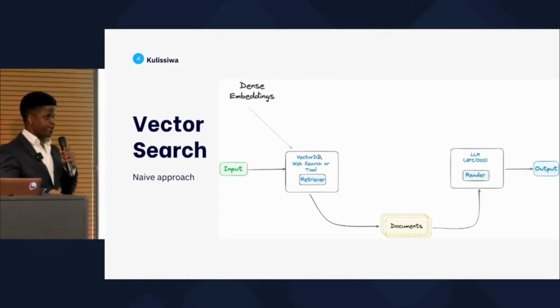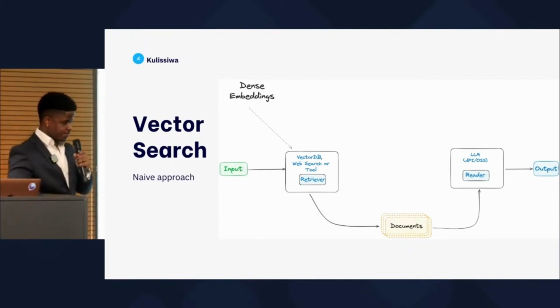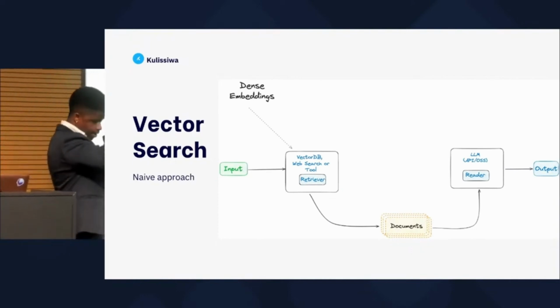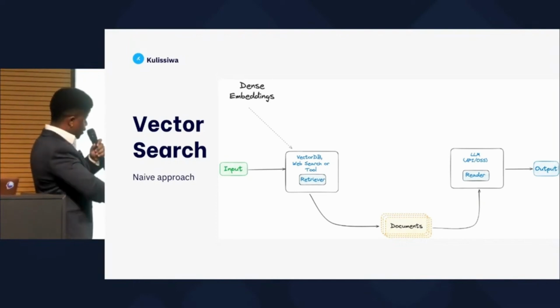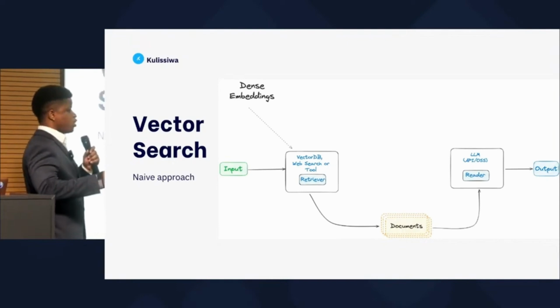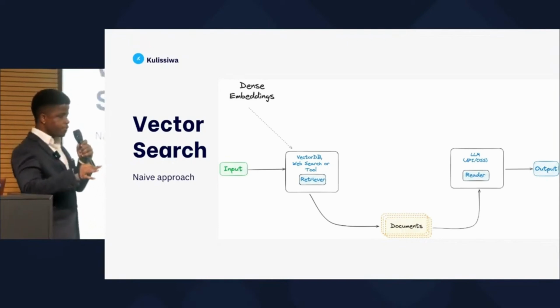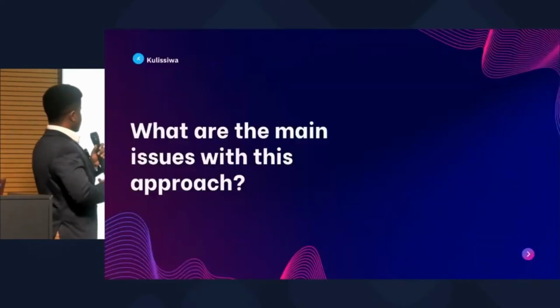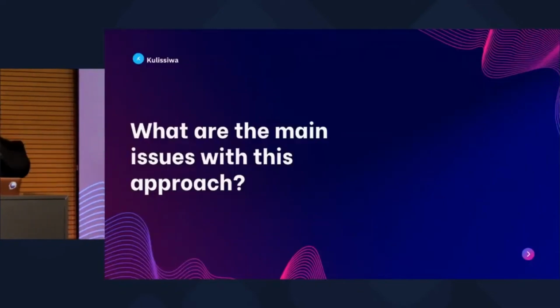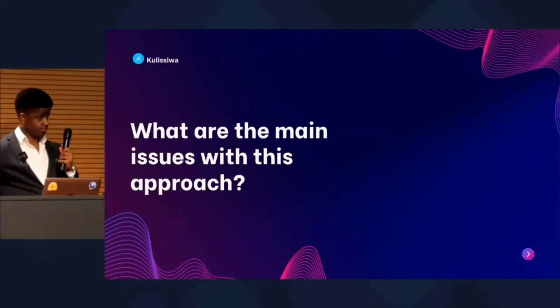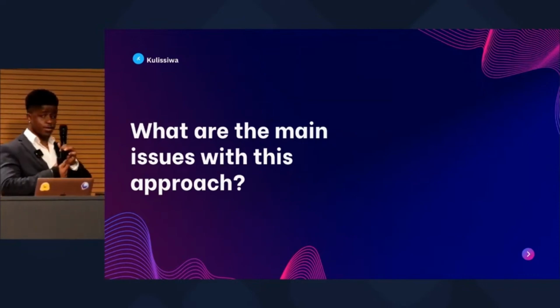Everyone, when they heard about RAG, was like, okay, let's just embed the data, and then we can do some similarity search, and we can create an answer. It works well for the majority of use cases. But what are some of the main issues with this approach? Can anyone tell me? Anyone?